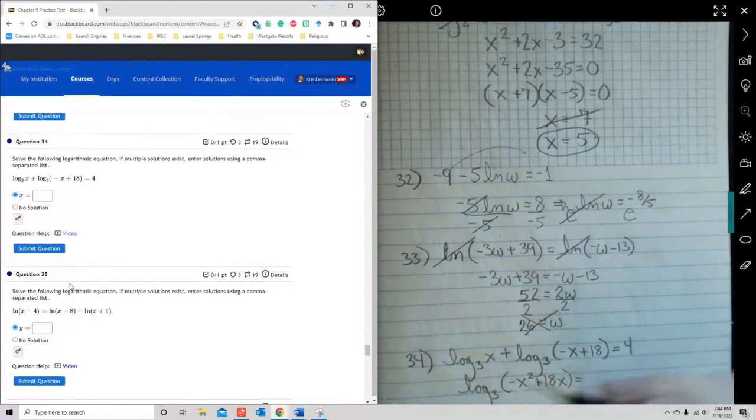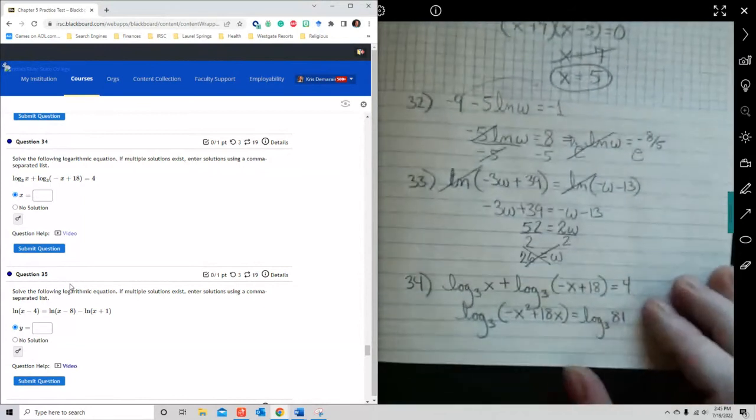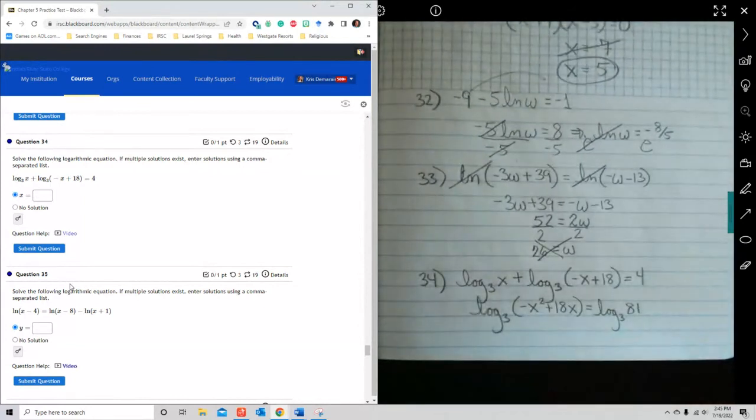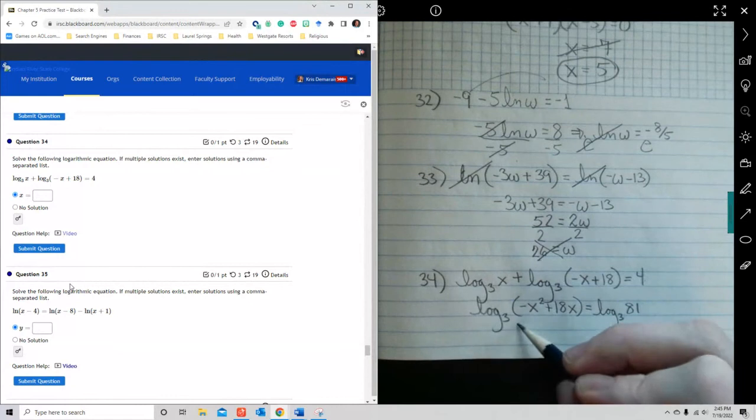And since we want there to be a log on both sides, so we can set them equal to each other, we're going to put log 3. And then we need 3. And the only way to get 3 is if this, or 4 is if this was 81. So that way they are the same. Now they're the same. I set them equal to each other.